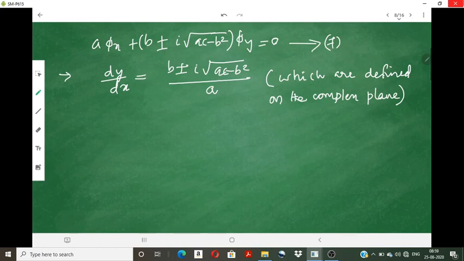You can verify that this is the same as what we obtained in the hyperbolic case. Let this be equation number 8.